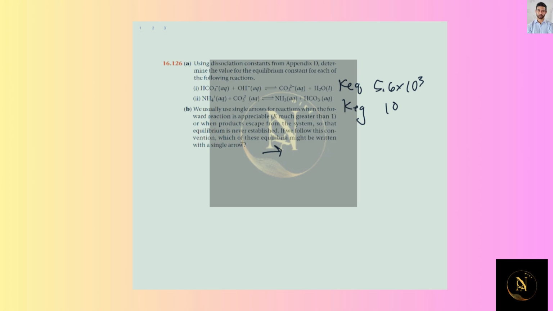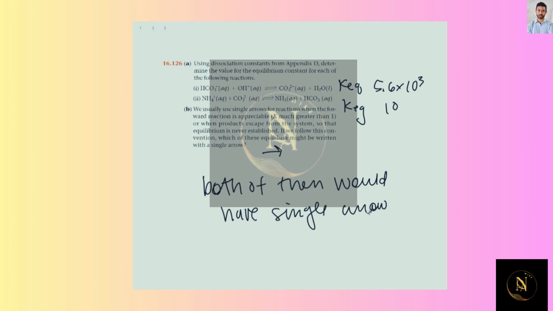If we follow this convention, which of these equilibria may be written with a single arrow? And the answer is both of them would have a single arrow, due to them both being greater than 1.